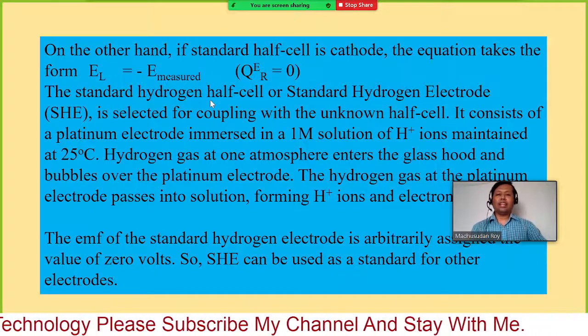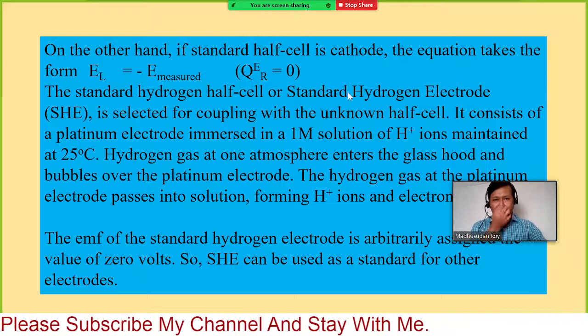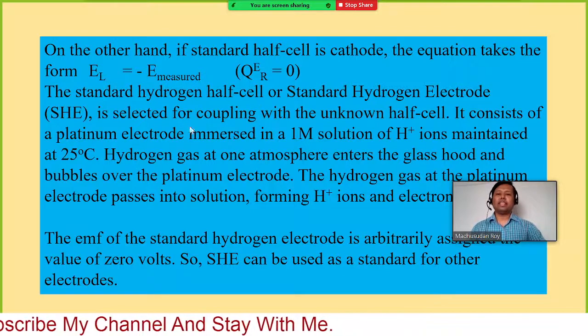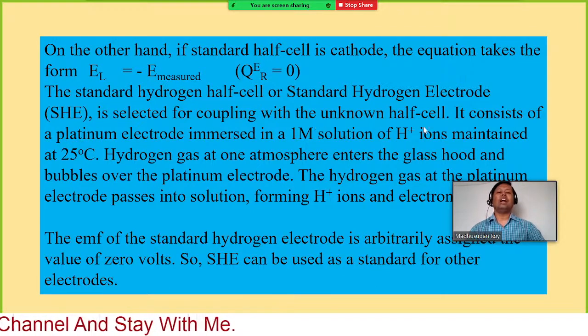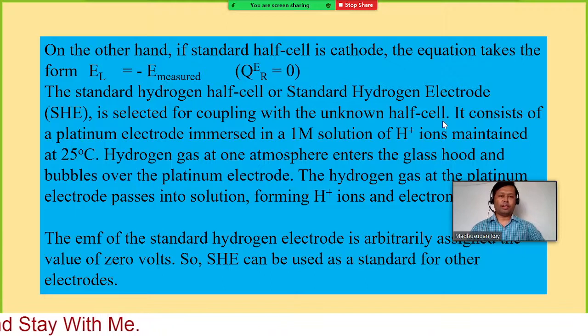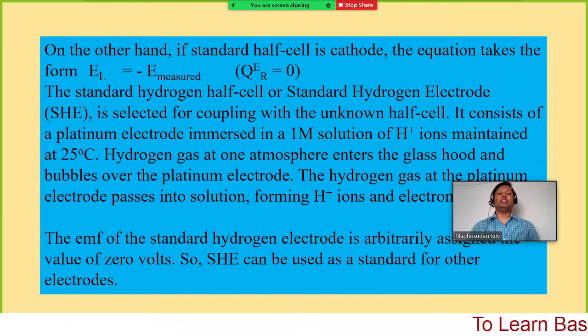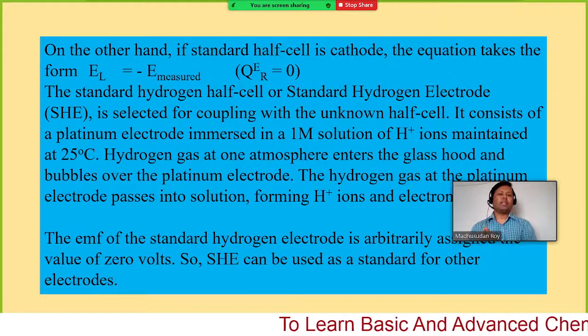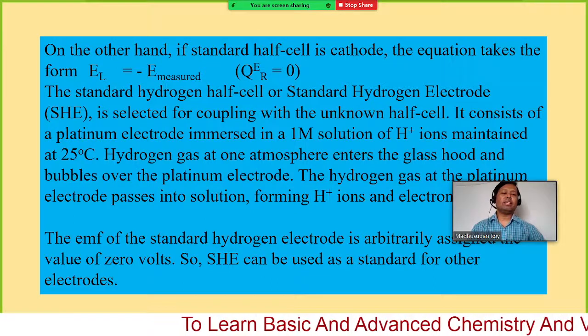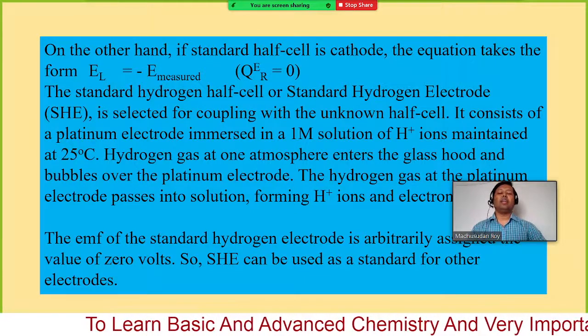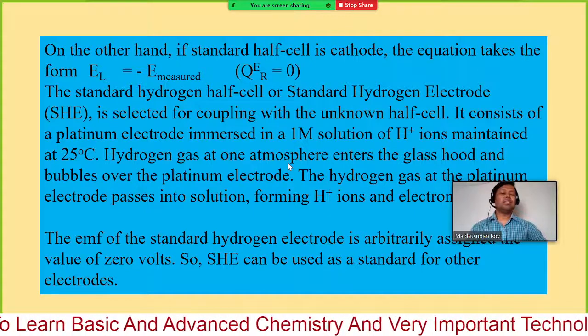So the standard hydrogen half cell is selected for coupling with the unknown half cell. As already mentioned, if we connect the standard hydrogen electrode half cell to an unknown half cell, you can get the value of the unknown half cell easily.